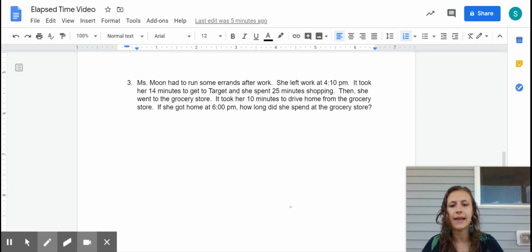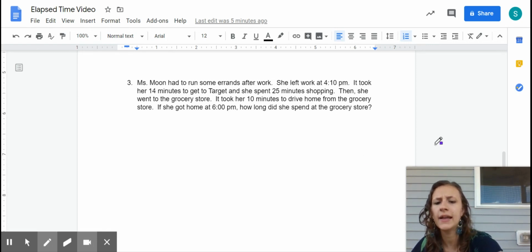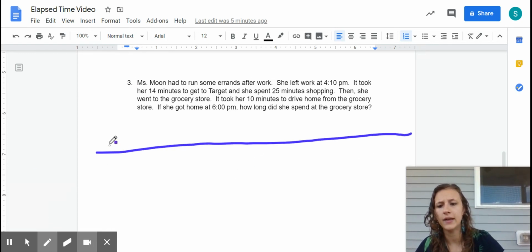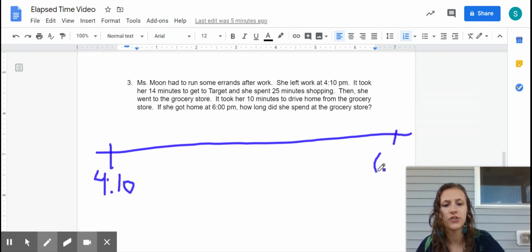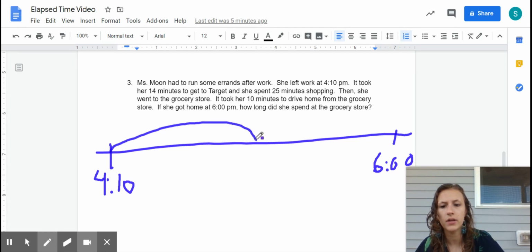So when I'm looking at this, I know that Miss Moon left work at 4:10, and got home at 6 o'clock. So I'm first going to think about just how much time I spent doing my errands. So I could go an hour to 5:10.